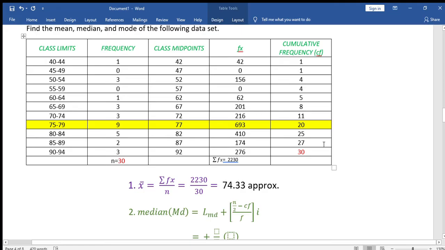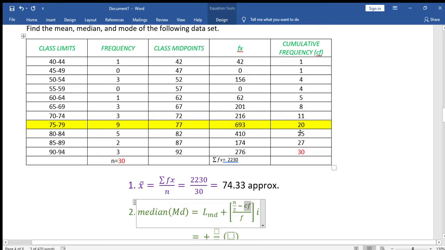How did we get again your median class? You just have to divide your n by 2. Then, how did I get 20? You might be wondering, why 20, not 11, since 15 can be found between 11 and 20. It's basically given by the fact that your CF, your cumulative frequency, should always be lower. We cannot use 20 here as CF because 15 minus 20 is negative 5 and it couldn't be.